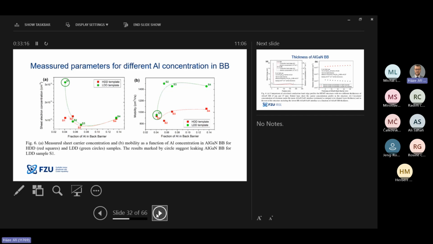So electrons can penetrate there, and we have very high sheet carrier concentration and very low mobility. But in the case of optimal concentration of aluminium, we get quite high mobilities, close to 1,500, and reasonable carrier concentrations.